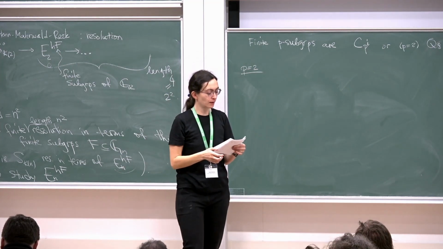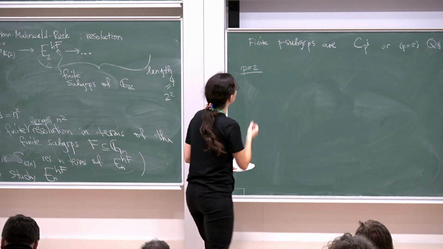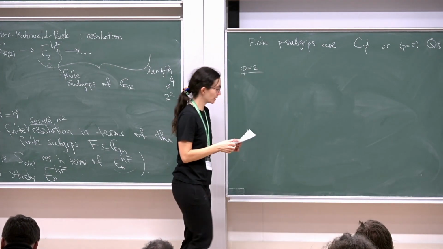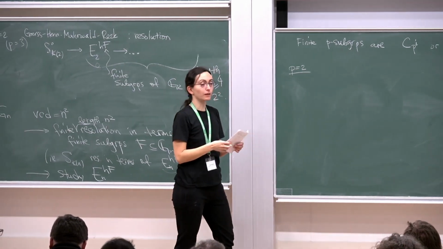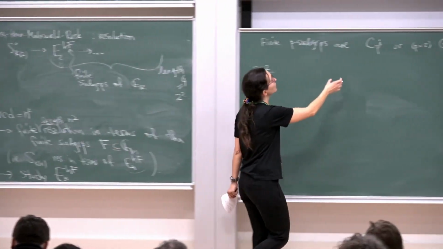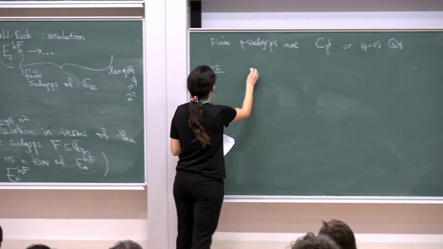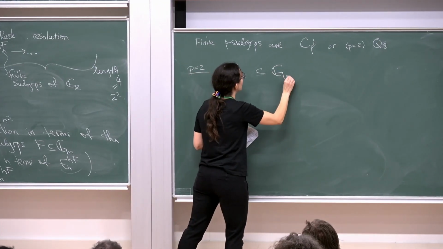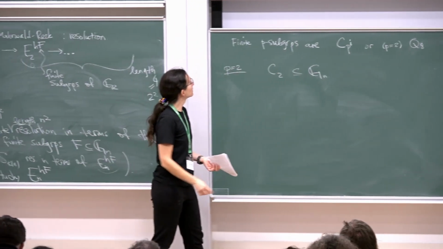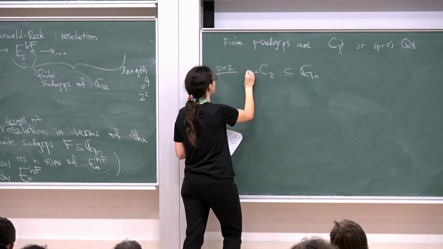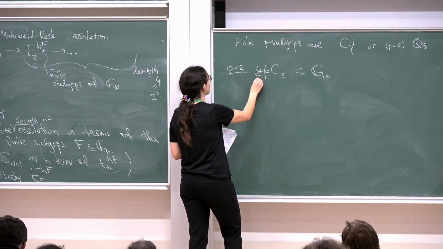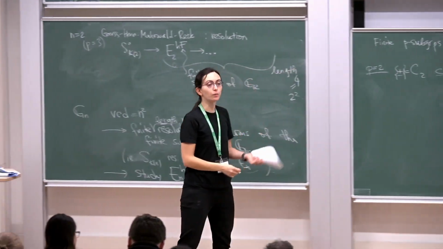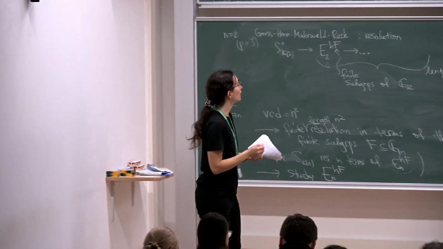So when p equals 2, one of these subgroups is a C2 inside of the stabilizer group. And it's exactly the plus or minus 1 that corresponds, at height 1, to complex conjugation.